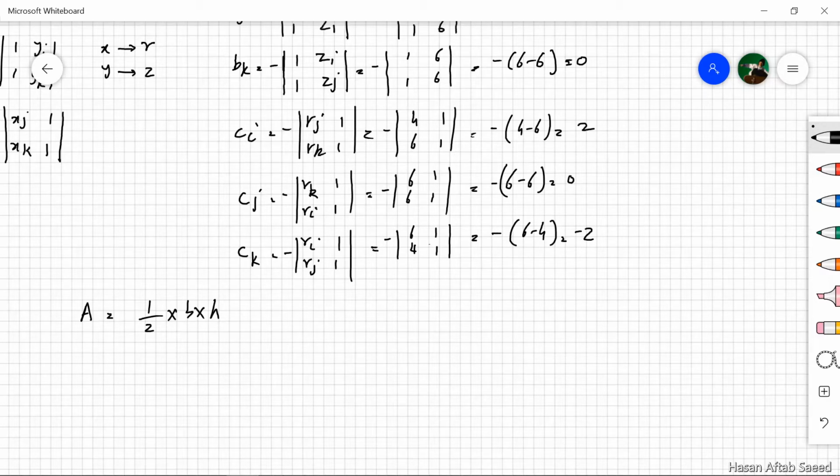We are not interested in A but rather in 2A, so this is simply b into h, which implies that 2A is equal to 2 into 2, 4 square millimeters. Now the Ni, Nj, Nk and R values. Ni, Nj and Nk are all 1/3 by definition because we are talking about the centroid.